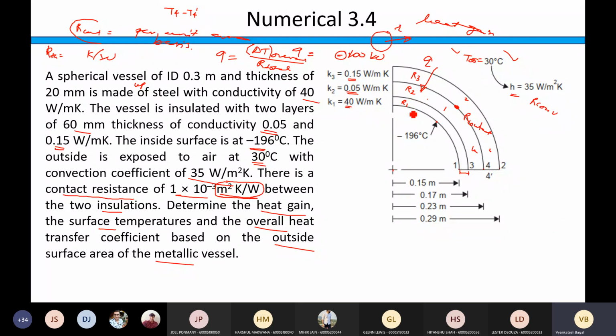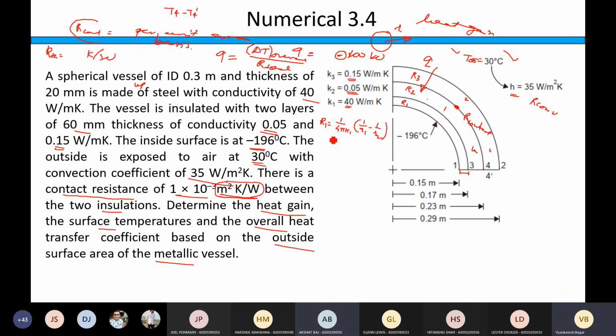So you know how to find the conduction resistance in the case of a sphere. What is R1, the conduction resistance of the first layer of this hollow sphere? The expression is 1 upon 4 pi K1 into bracket 1 upon r1 minus 1 upon r2.